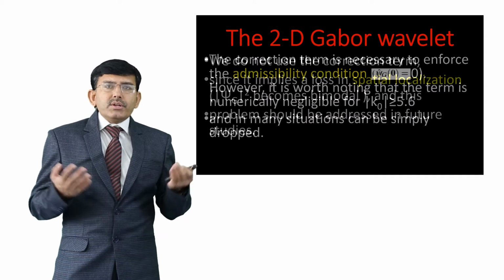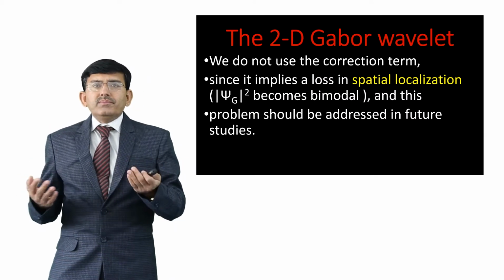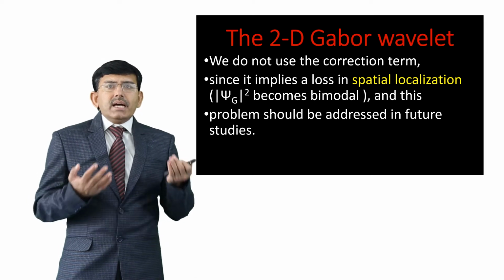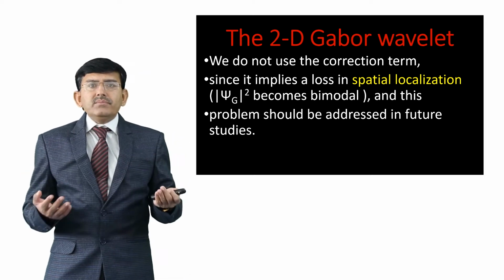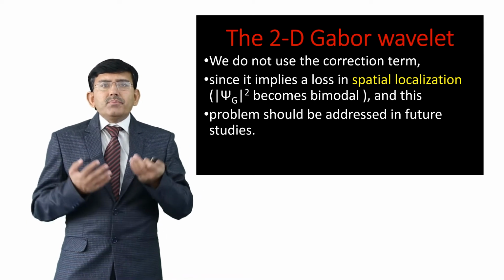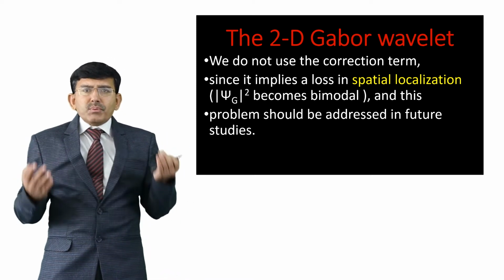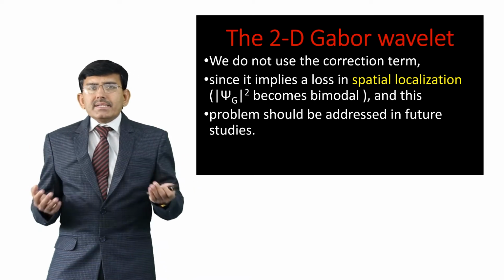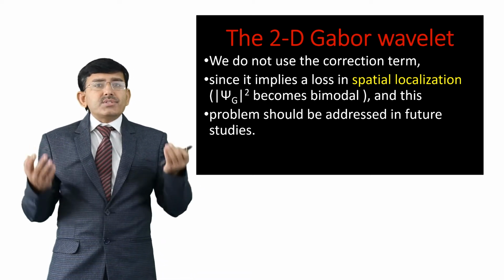We do not use the correction term since it implies a loss in spatial location, that is, modulus psi g squared becomes bimodal, and this problem should be addressed in future studies.